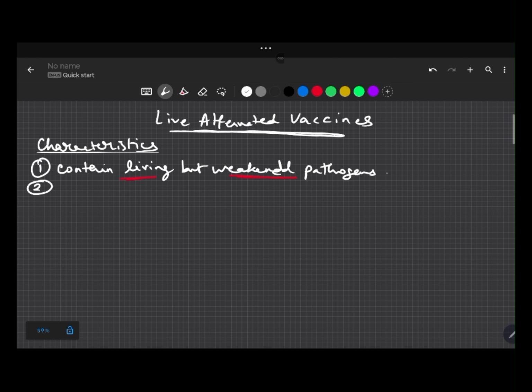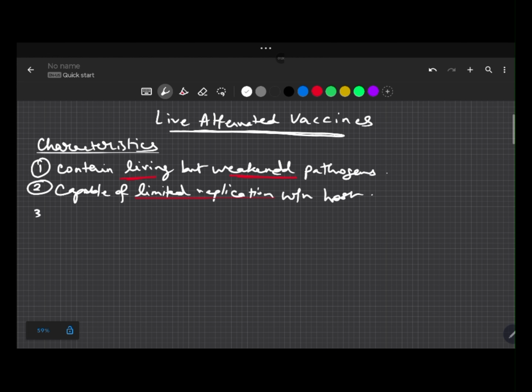Number two, they are capable of limited replication within host cells. Okay, because they are weakened, they have limited replication capability.